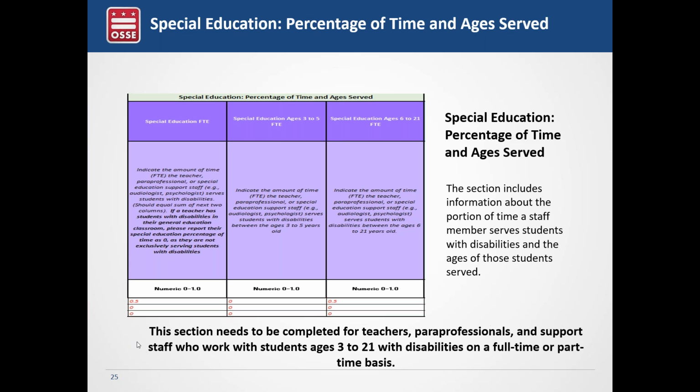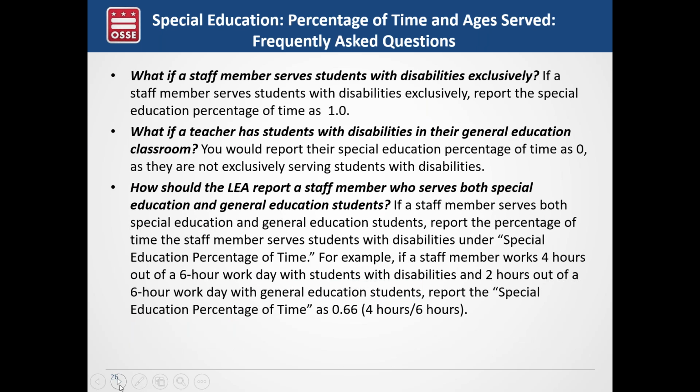So they would not, if you have someone who's only working with people who are over 21, because we don't report on those teachers under IDEA, because IDEA cuts off the age limit for students with disabilities at 21. You would not report that person as a teacher with students with disabilities.